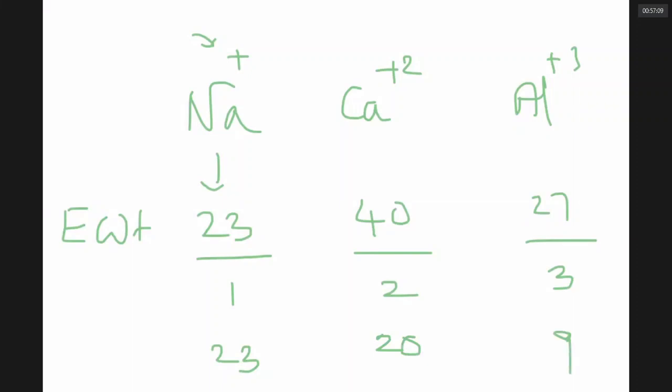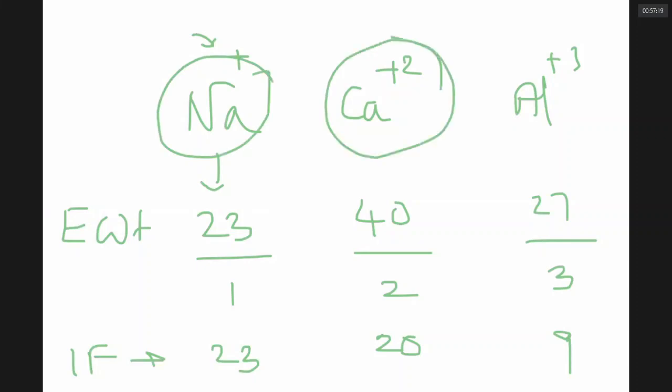It means if I am passing 1 Faraday charge through sodium chloride fused mass, calcium chloride fused mass, aluminum chloride fused mass, I will be getting just 23 grams sodium, 20 grams calcium, 9 grams aluminum. Can we see it really?